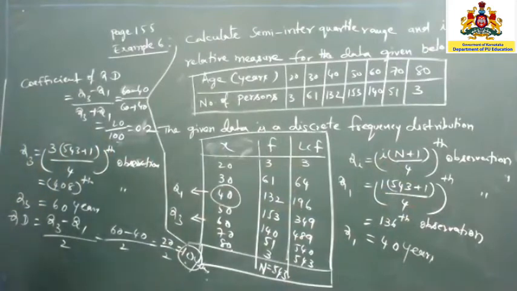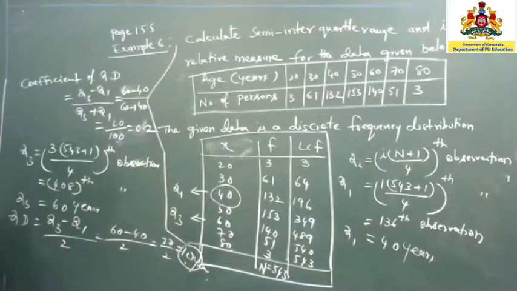Similarly, Q3 is, by substitution, 3 into (543 plus 1) by 4th observation, so the 408th observation. So Q3 equals 60 years. Therefore QD, quartile deviation, is (Q3 minus Q1) by 2, (60 minus 40) by 2, equals 10 years.